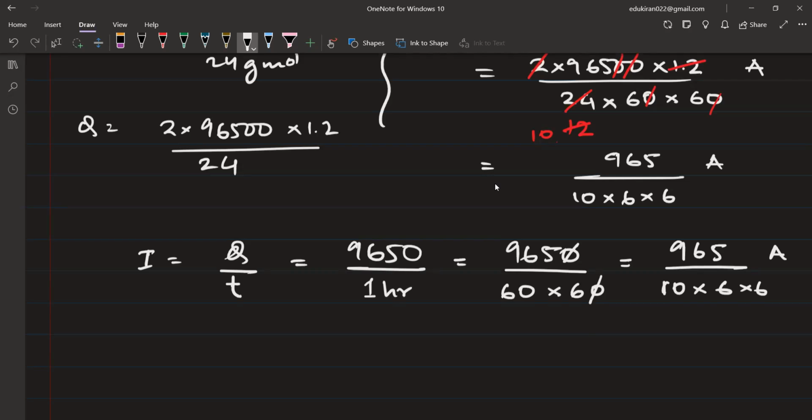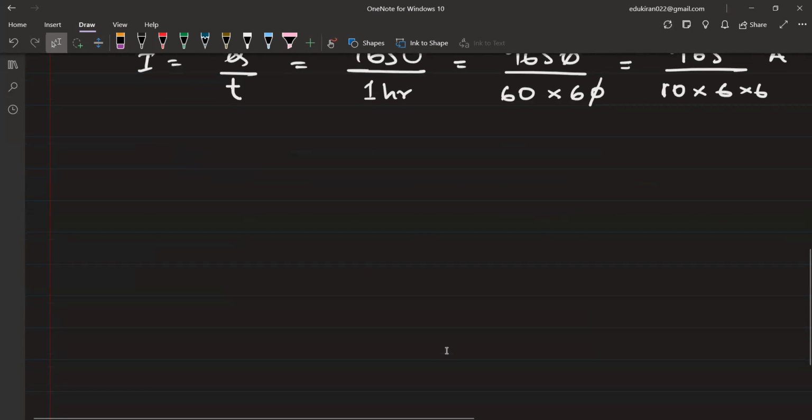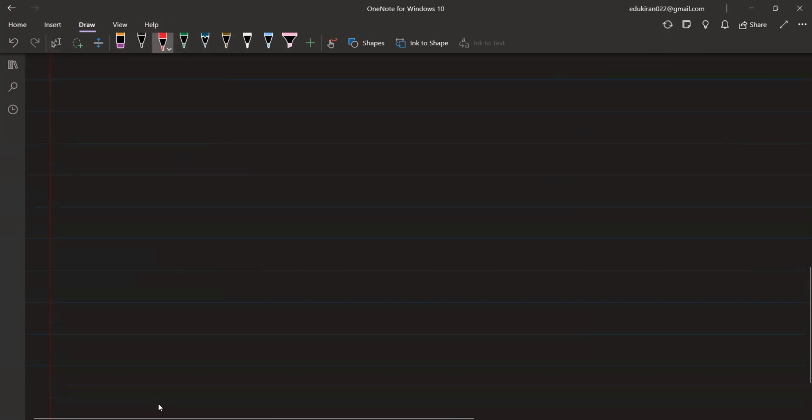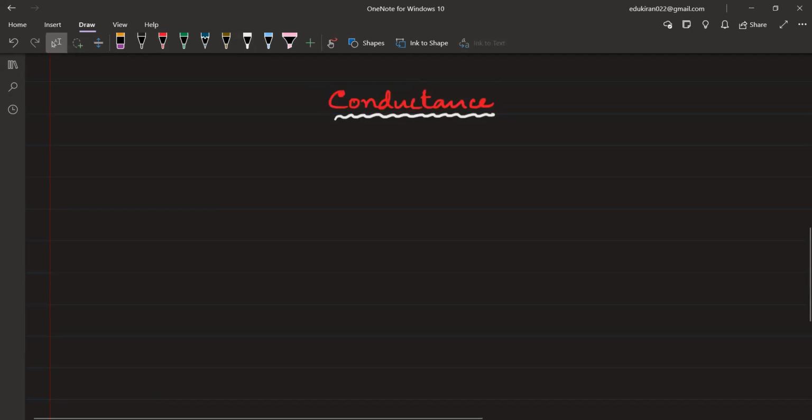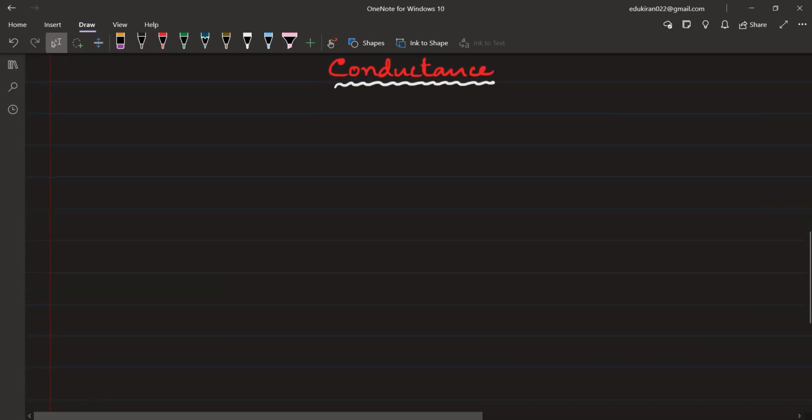So now let us move on to the next topic, conductance. You must have also learned conductance in your 12th standard physics, right? And before that, in 8th standard, when you were learning about metals, you would have known that one of the properties of metals is that they can conduct electricity.